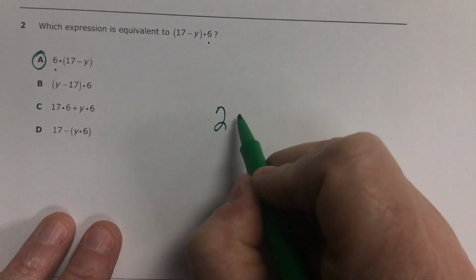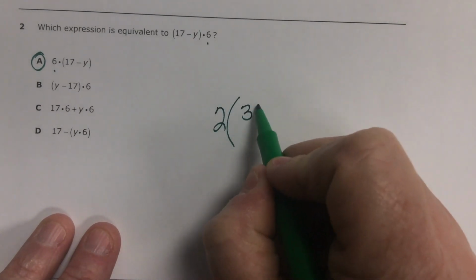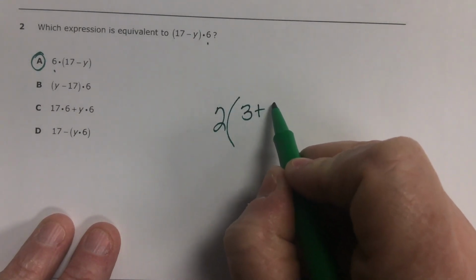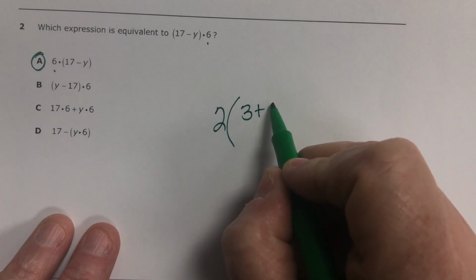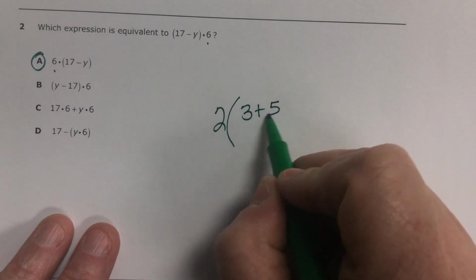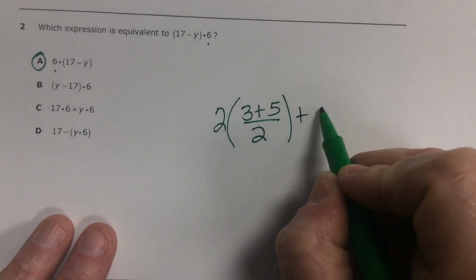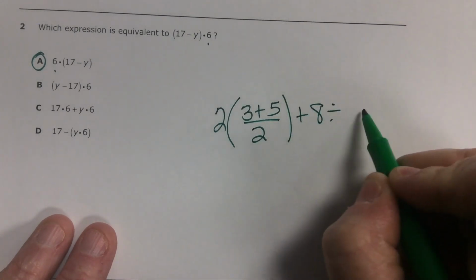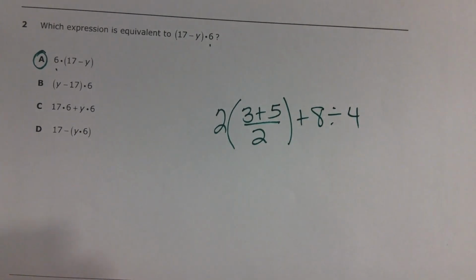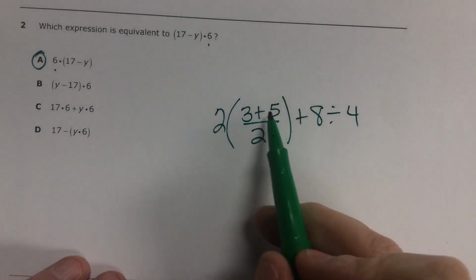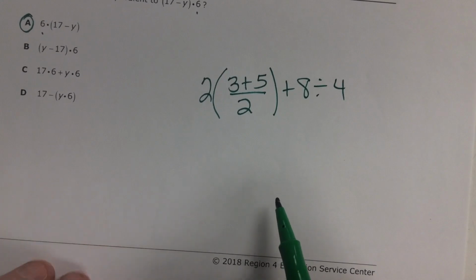So we're going to say 2 times 3 plus 3 plus 5 divided by 2 plus 8 divided by 4, okay? Now, my order of operations says I have to do parentheses first.